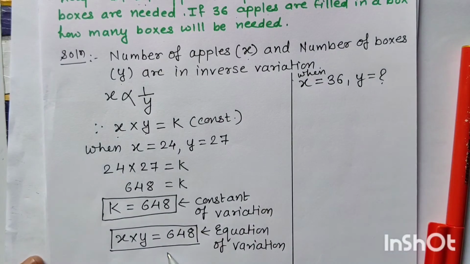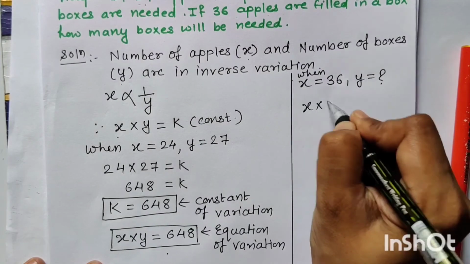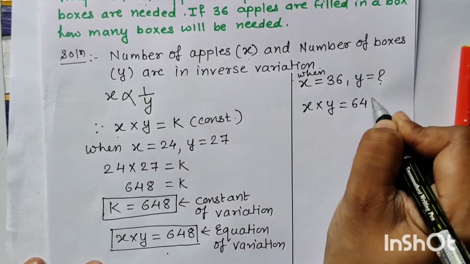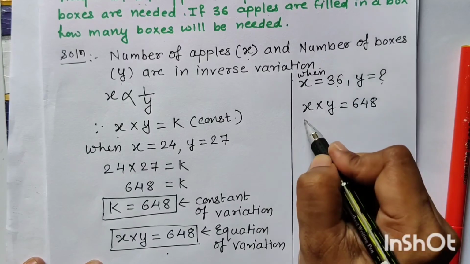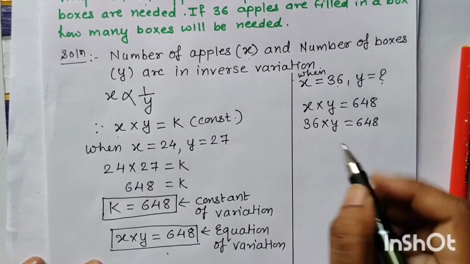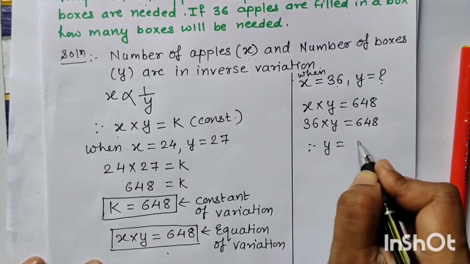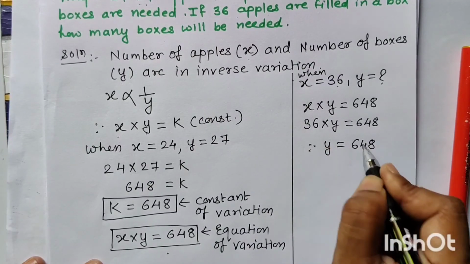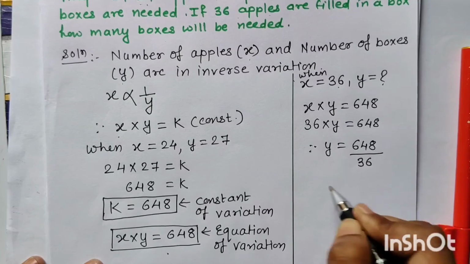Again we write the equation from the solution. Which equation have we got? x multiplied by y is equal to 648. Now x is 36, y we have to find out. So y is equal to 648, and this 36 will go in the denominator now.